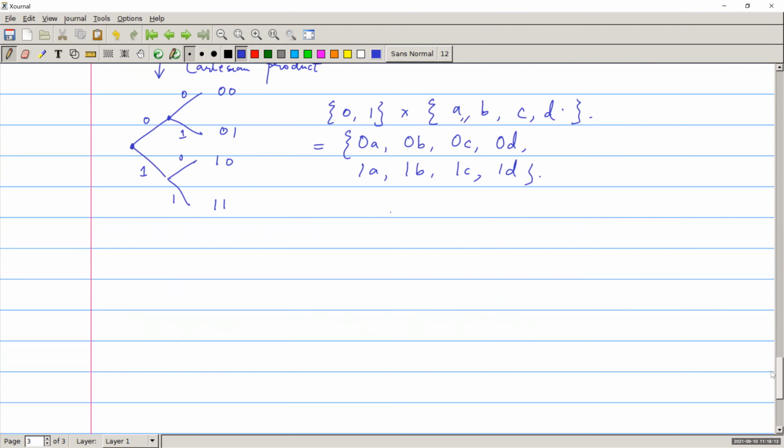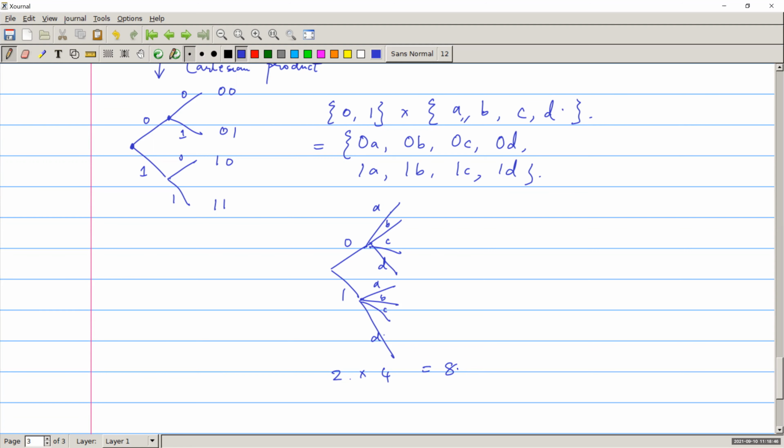What is happening here is I have 0 1, and in the next step I concatenate it with this. The number of elements is 2 in the first step. Every outcome of the first step gets fanned out into 4 outcomes of the next set, and so totally 8 different elements. Does that make sense?